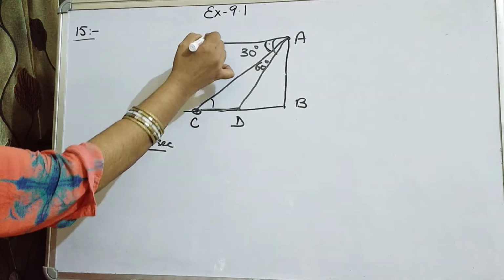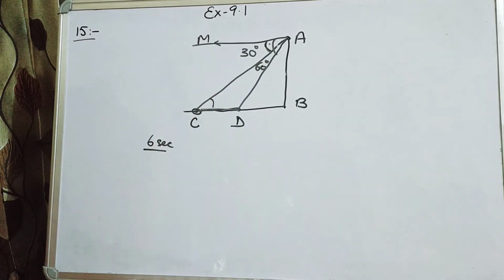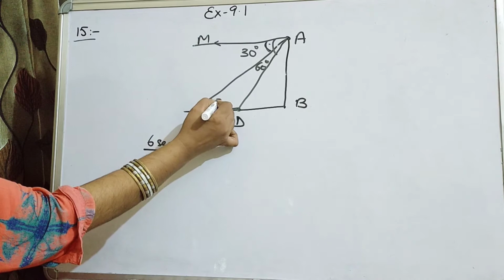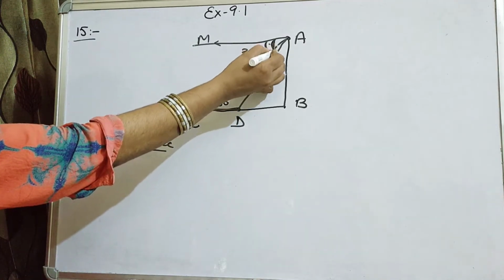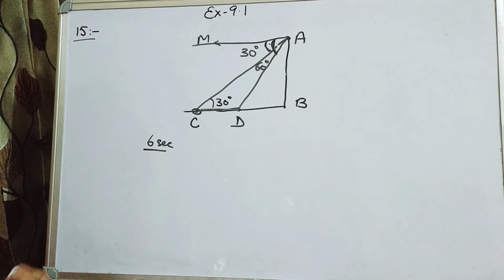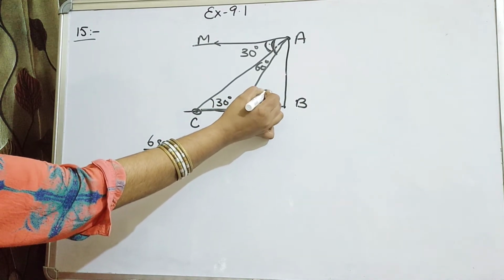If this point is M, then angle MAC is equal to angle ACD by the alternate angle property, so this must be 30. In the same way, if MAD is 60 degrees, then ADB is also 60 degrees.